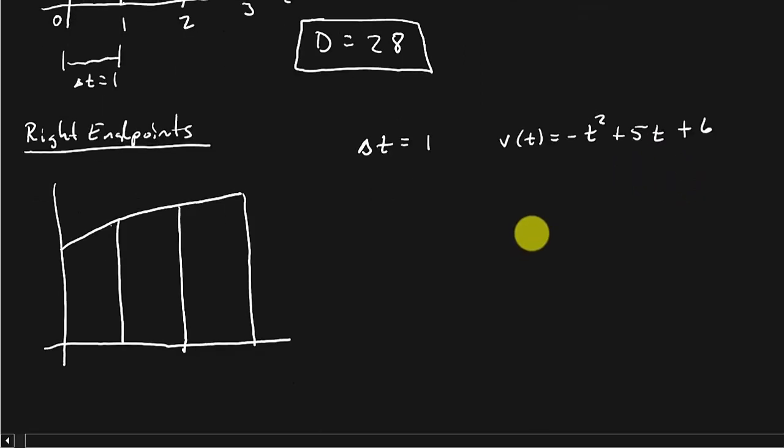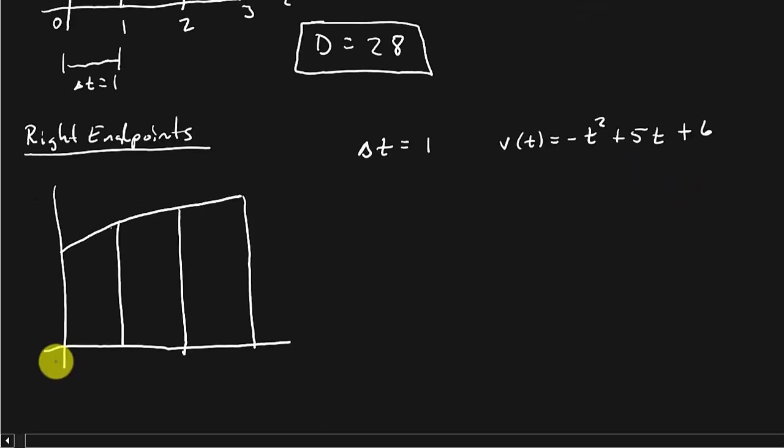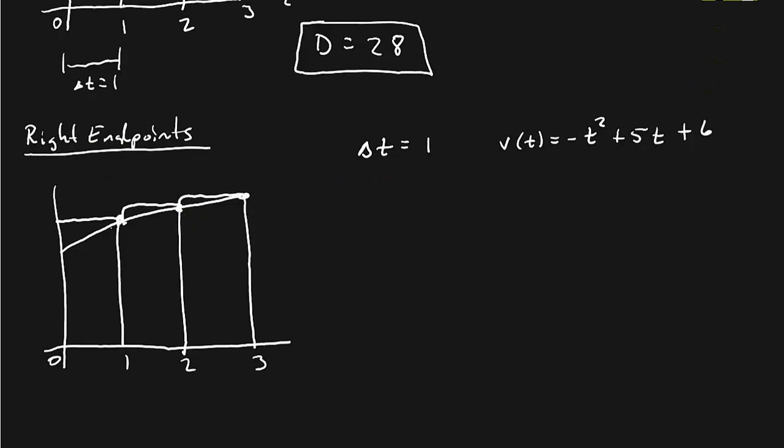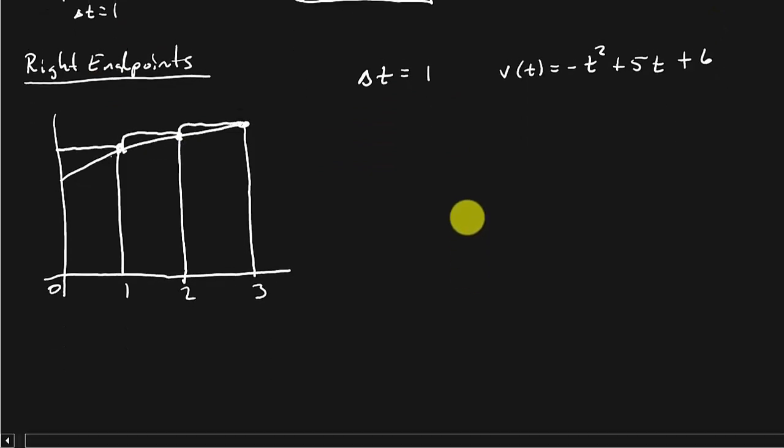All right, and so this is 0, 1, 2, 3. Now I'm using right endpoints, so that means I'm going to draw my rectangle from this side. All right, so once again, we know delta t is equal to 1.